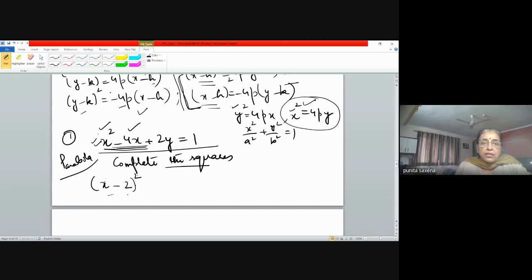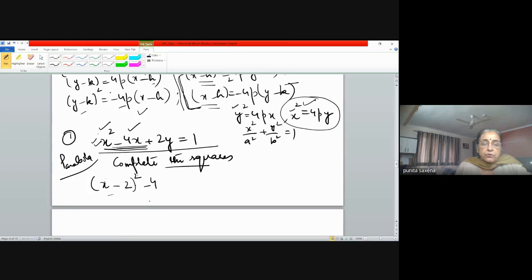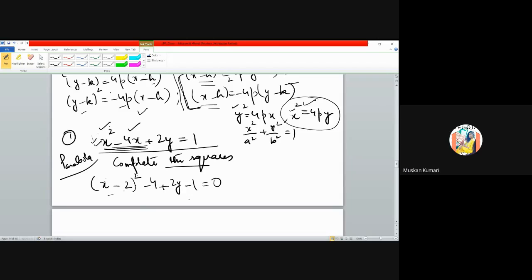Now what do I have extra from this term? Plus 4, right? So I subtract 4. यही तो extra था, उसको मैंने subtract कर दिया. So that means these two terms have been taken care. Now what are the other two terms left? Plus 2y minus 1 equal to 0.